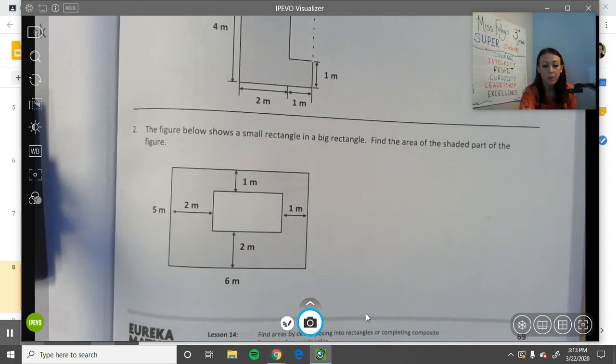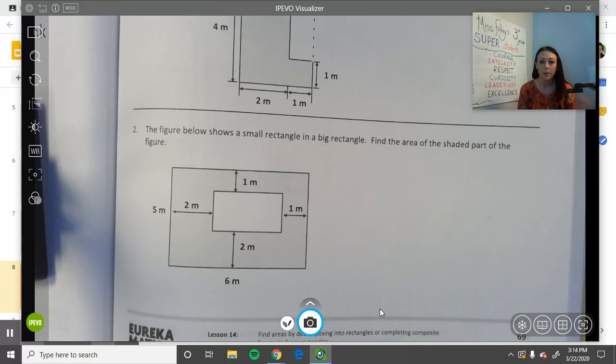Just like we talked about before, I can either make it into smaller rectangles, find those areas, then add them together, or I could find the area of the large rectangle and subtract from it the area of that unknown part. Now, when I'm thinking of which way makes the most sense, that second one makes the most sense.